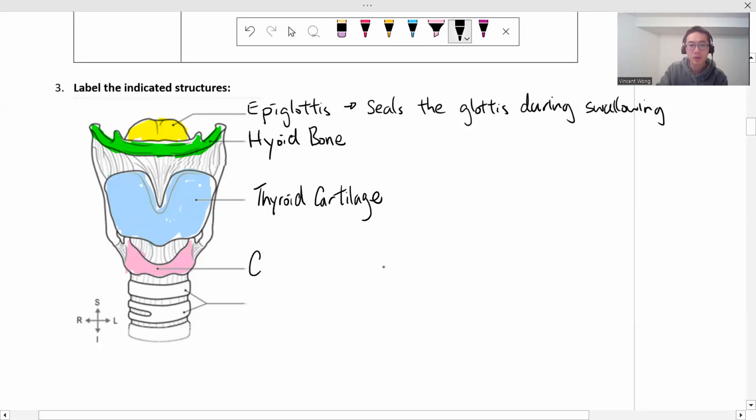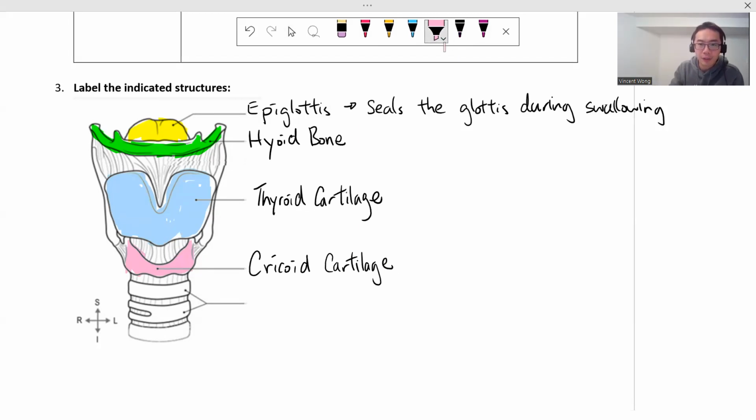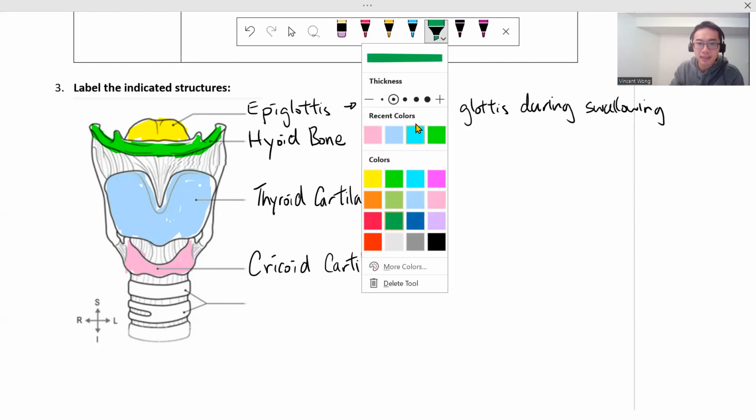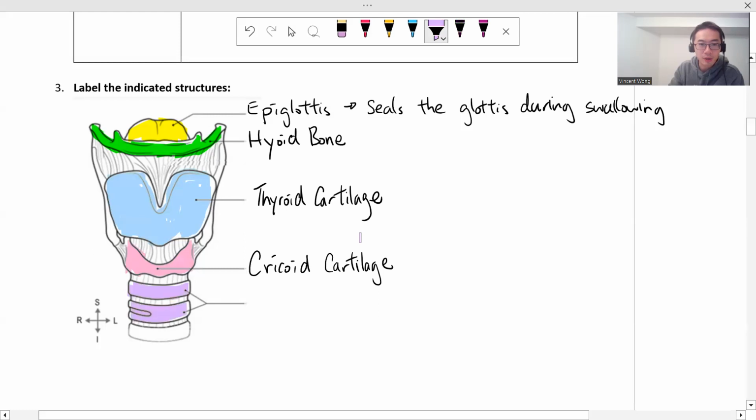So this is called the cricoid cartilage. Try to identify these things when you're looking at the model in the lab. And then further down, we see some rings here, which I'll talk about later. These are rings that surround the trachea, and they're made of cartilage.